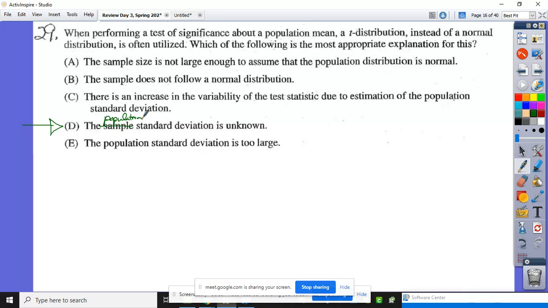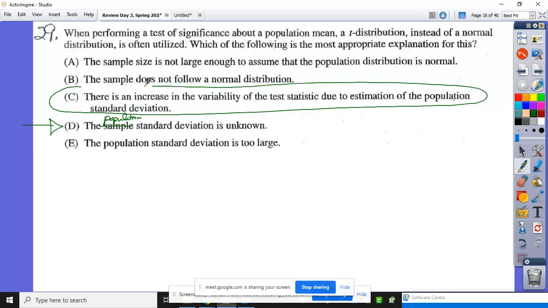So which one of those would talk about the fact that there's going to be a little error because we had to estimate the parameter? We have to account for the error, which means there's going to be an increase in the variability, which is why the t statistic becomes closer and closer to the z as it gets bigger. That error is smaller the bigger our sample size is.